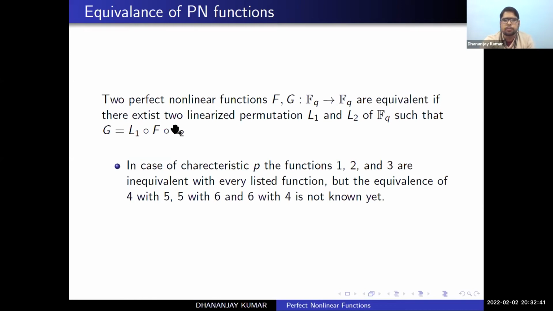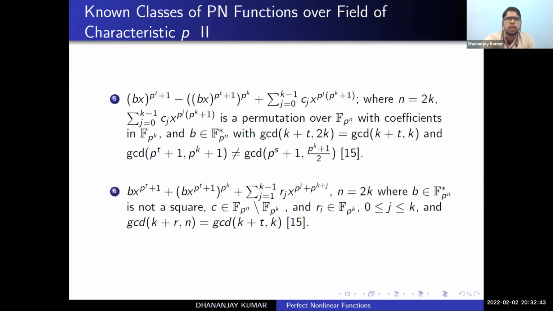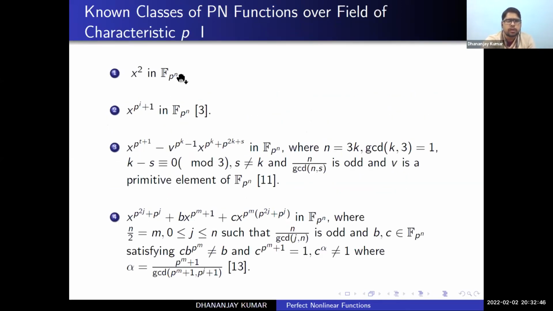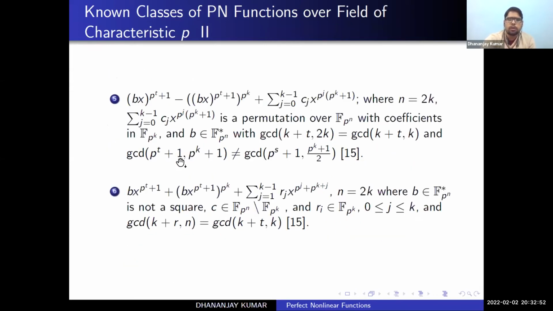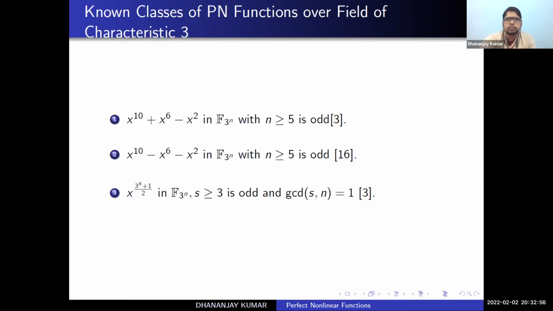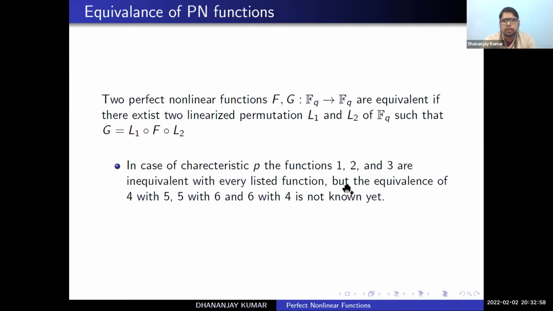In the previous slides, functions 1, 2 and 3 are inequivalent with all the functions in this list, but the equivalence of 4 with 5, 5 with 6 and 6 with 4 has not been studied yet, and this is to be studied.